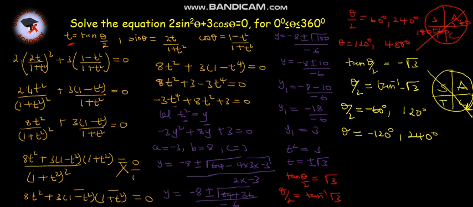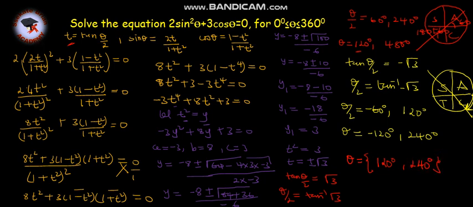Now the question wanted us to solve for theta between 0 degrees and 360 degrees. Therefore we are going to come down and say that, Mr. Examiner sir, theta is a set of values. We have 120 degrees, we have 240 degrees.